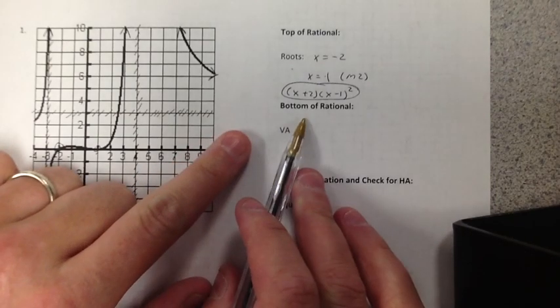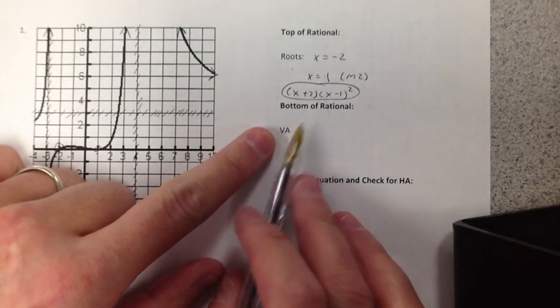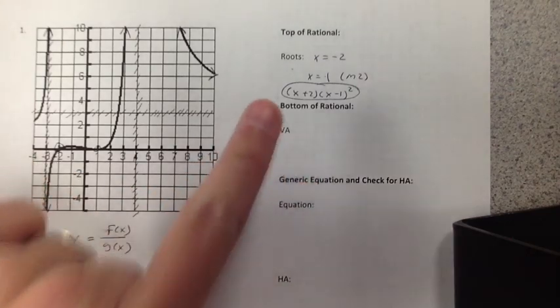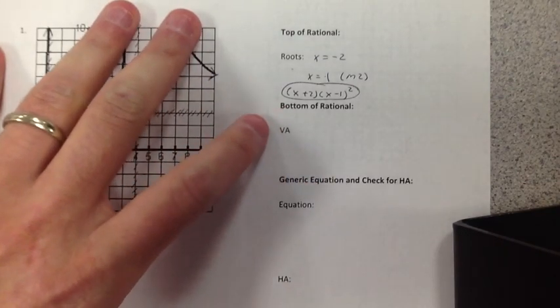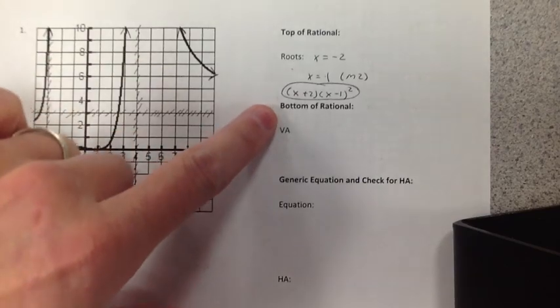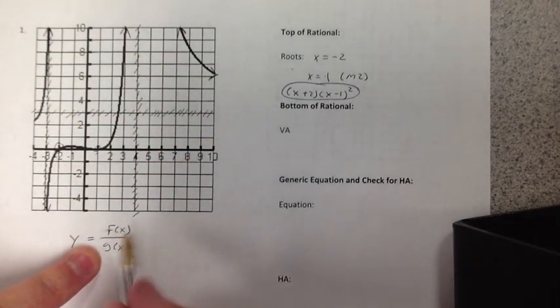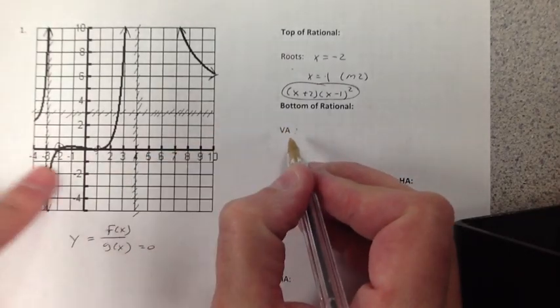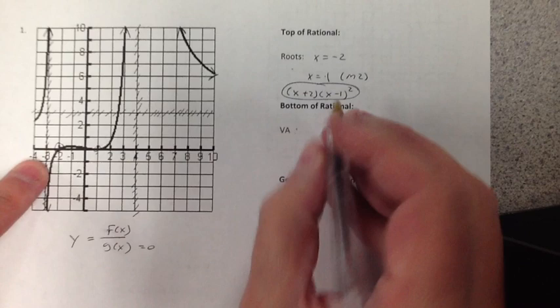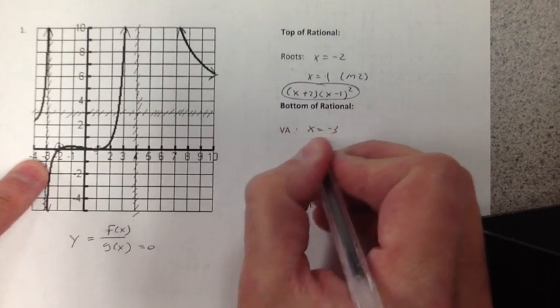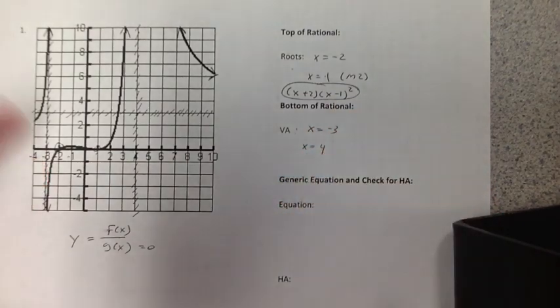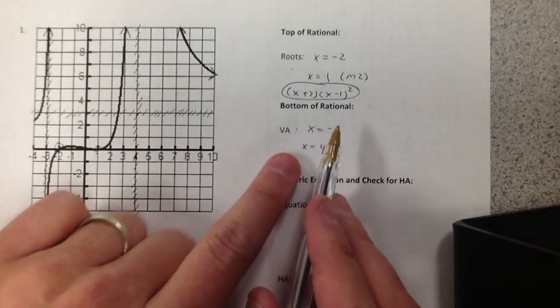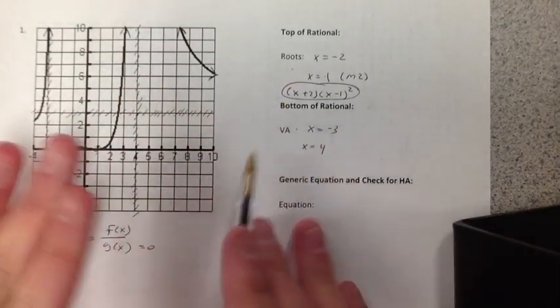To get the bottom of the rational, we have to find out where the vertical asymptotes are. That's very simple to remember, because to get the asymptotes, we looked at the bottom of our function, where g of x would equal 0. So we look at our vertical asymptotes, and we have two of them. We have one at -3 and one at 4. Rationals' vertical asymptotes also have multiplicity.